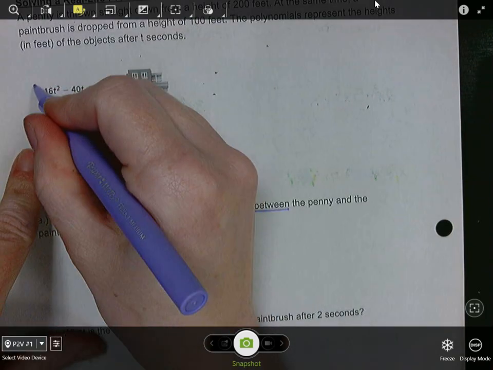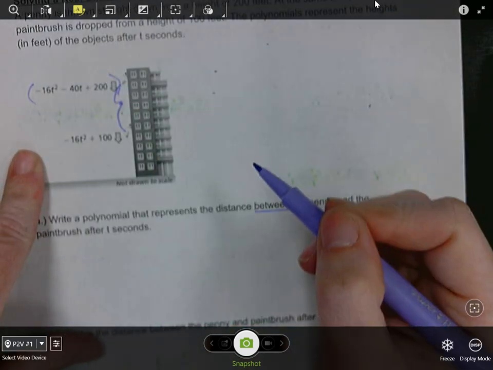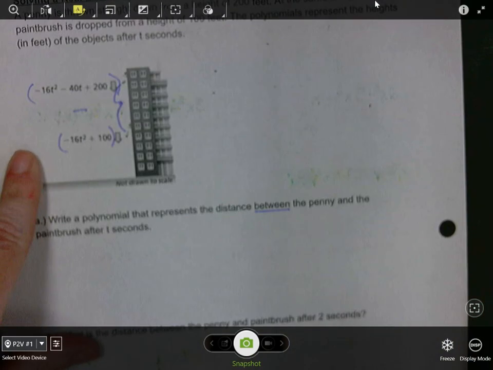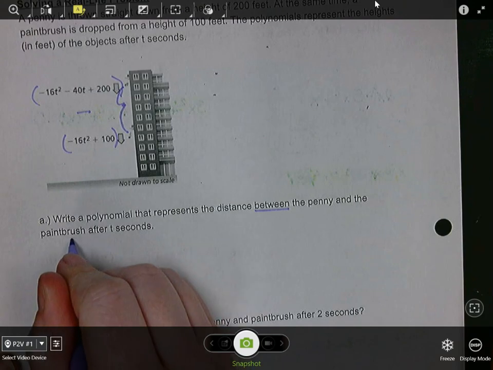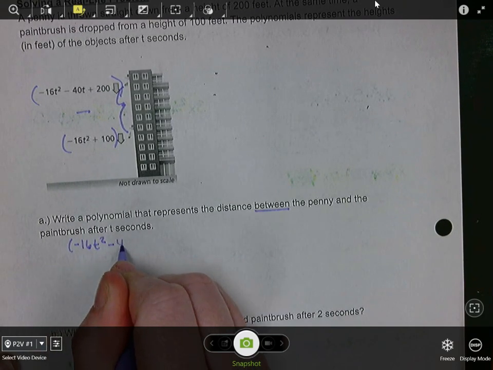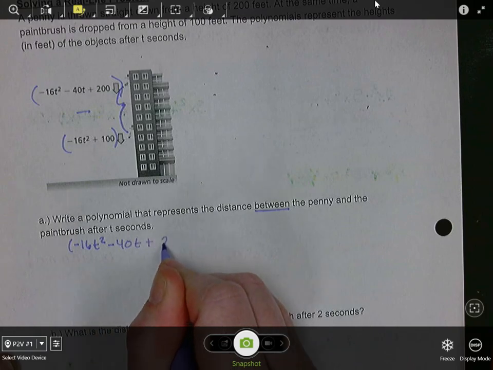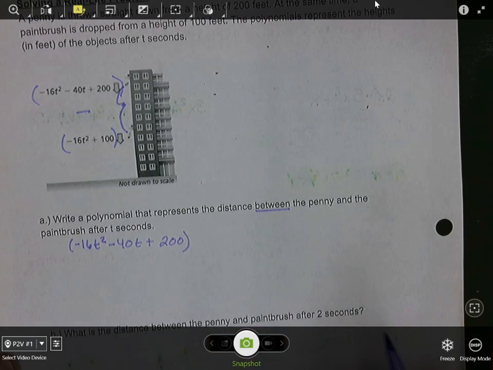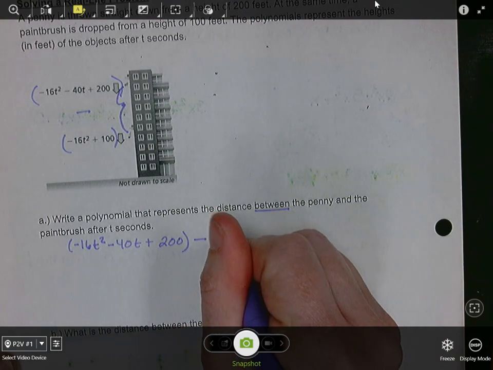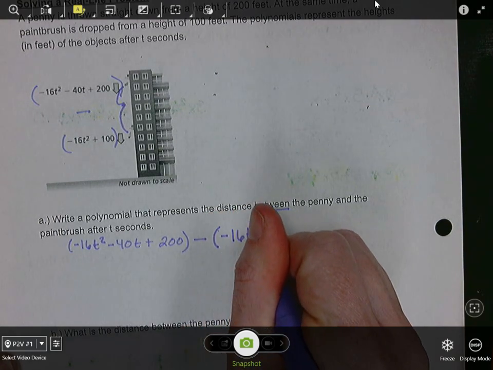So you would take this polynomial of the penny and subtract the polynomial of the paintbrush. So you would do negative 16t squared minus 40t plus 200 minus, do your parenthesis, negative 16t squared plus 100.